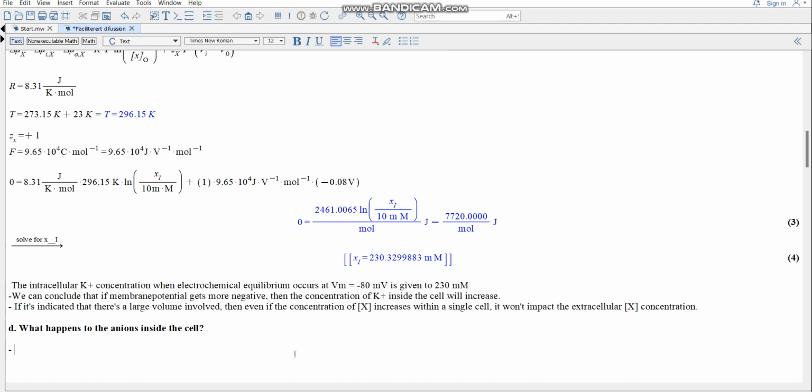I'm just going to write that quickly, 230 millimoles, due to the law of electrical neutrality, right? So the amount of positive charge is the exact same as the amount of negative charge.